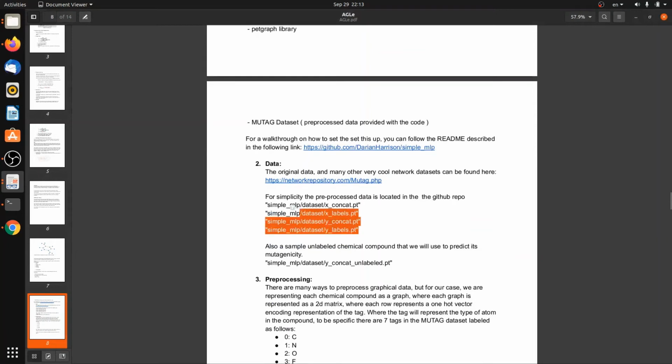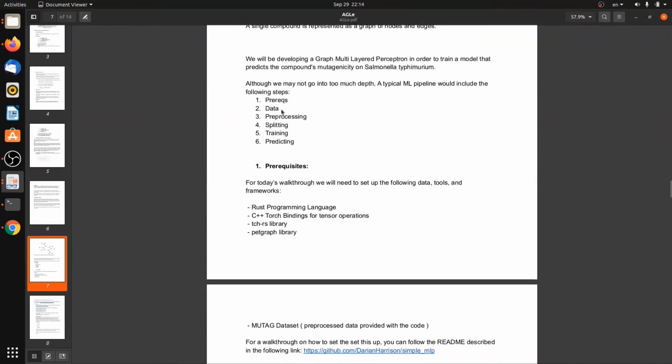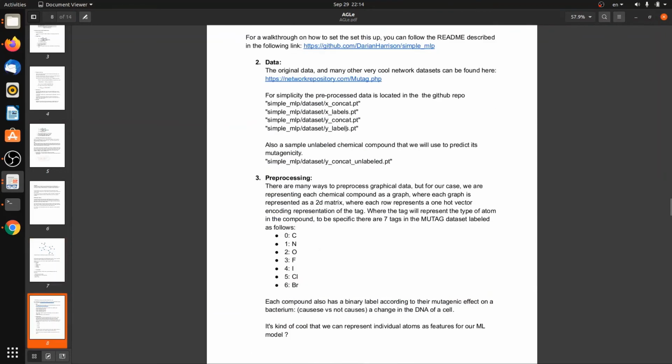As we mentioned, the original data is right here, just in case you want to explore it. These are the pre-processed train sets. We've taken the data, pre-processed it, and split it, because what we really want to show here is the MLP algorithm. X concat means these are the tensors that represent the training data, and these are the labels for the training data.